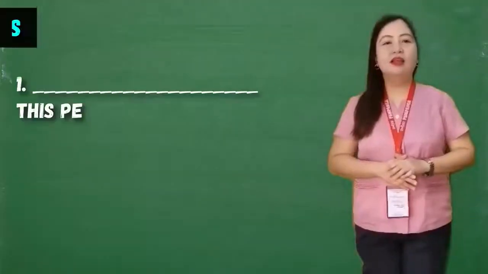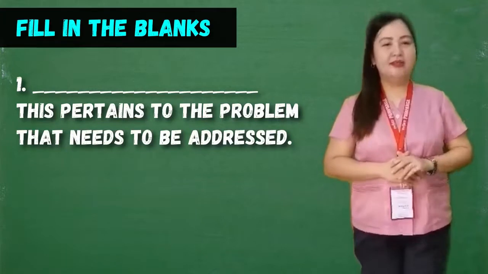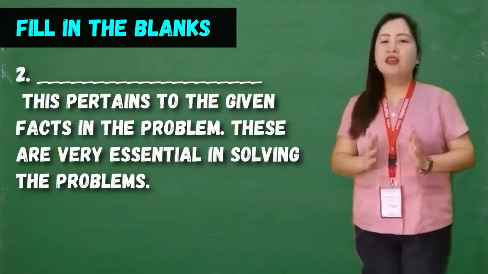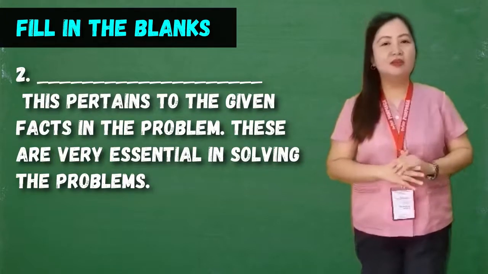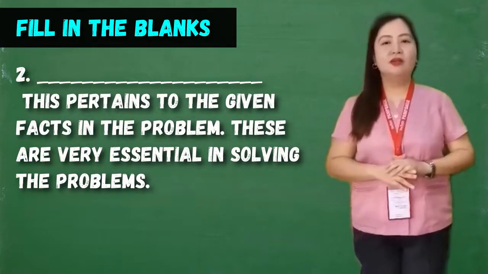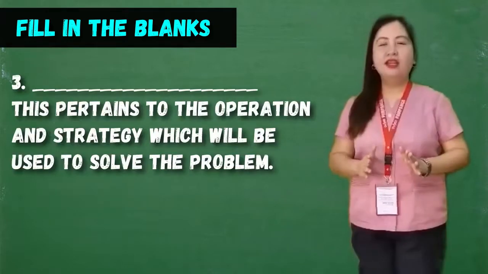Number 1. This pertains to the problem that needs to be addressed. Number 2. This pertains to the given facts in the problem. These are very essential in solving the problems. Three.